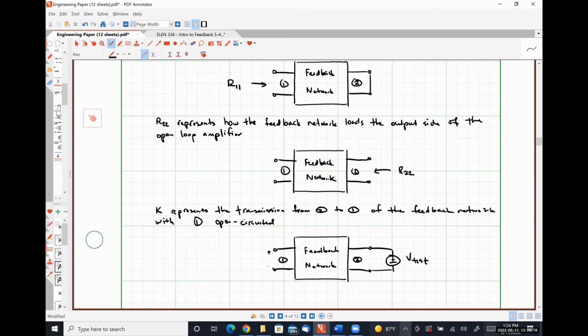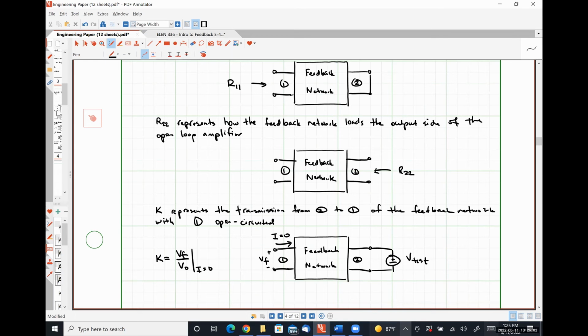Measure our voltage present at the output terminals of our feedback network, which is VF, under the constraint that this current is 0. And our feedback parameter K is then simply VF over V naught, with this current I being forced to be 0. So here's how we look at our feedback factor.